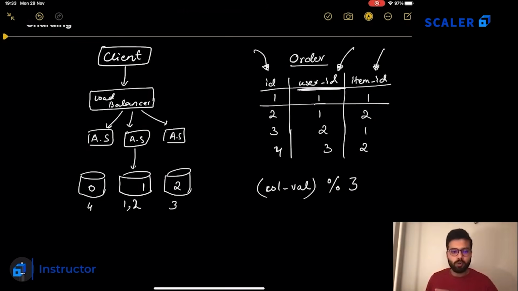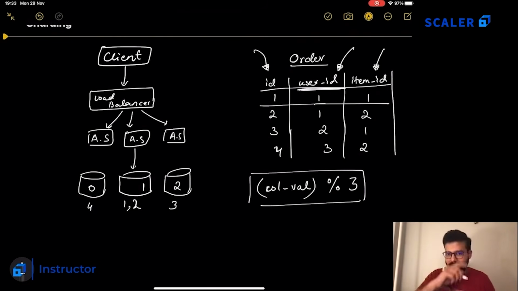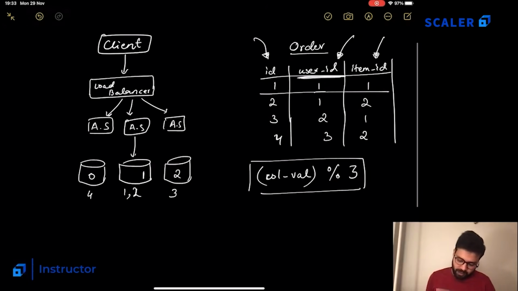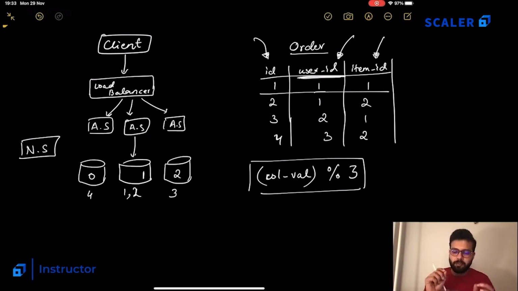This can also be done in a slightly different manner, wherein we don't have an algorithm to determine where each row is going. Instead, we create a namespace. We create one more table and one extra server here. This is called a namespace server. What it does is create a mapping of every primary key.